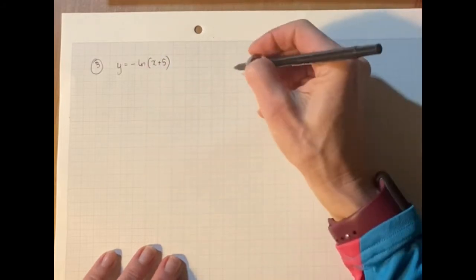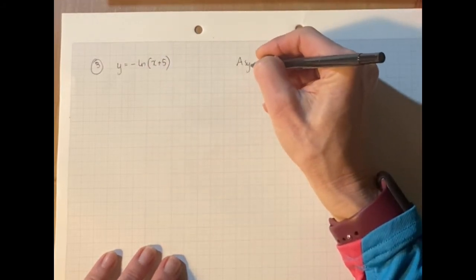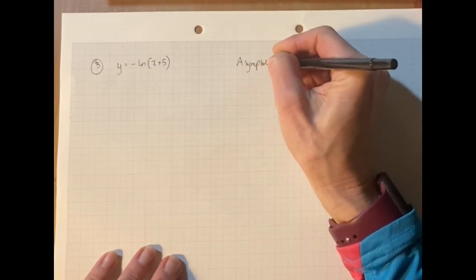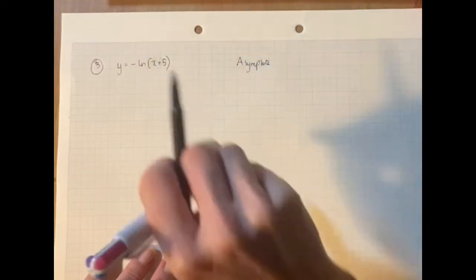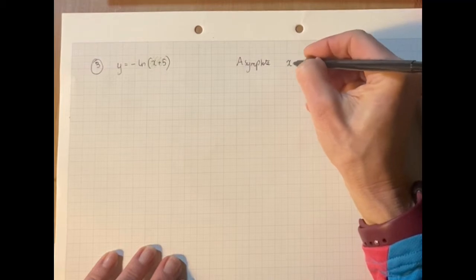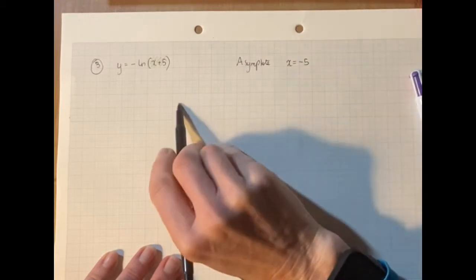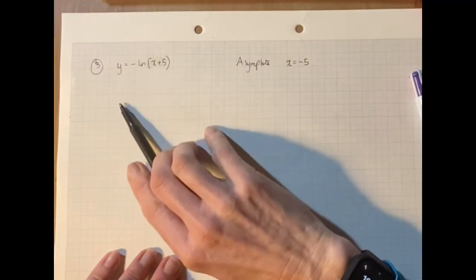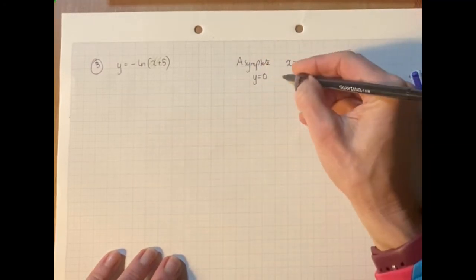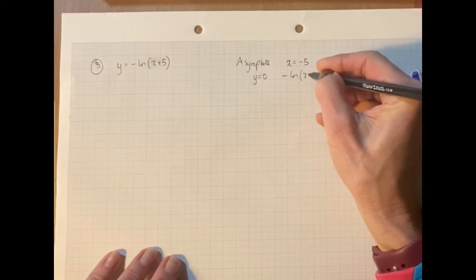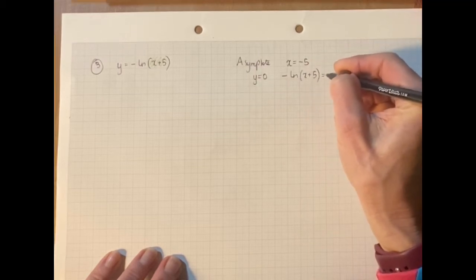So the first thing to do is to find the asymptote. For the asymptote, you're going to make whatever ln is of equal to 0. So that happens for x equals minus 5. The ln graph will always cross the x-axis, so solve y equals 0. So minus ln of x plus 5 is equal to 0.